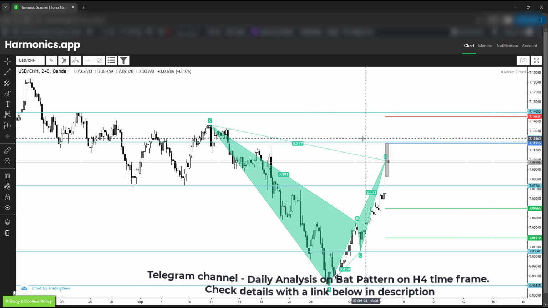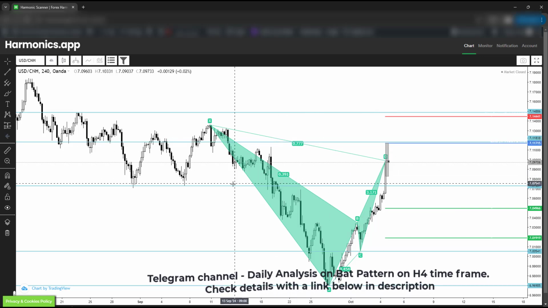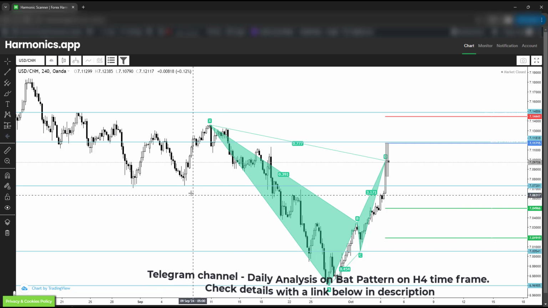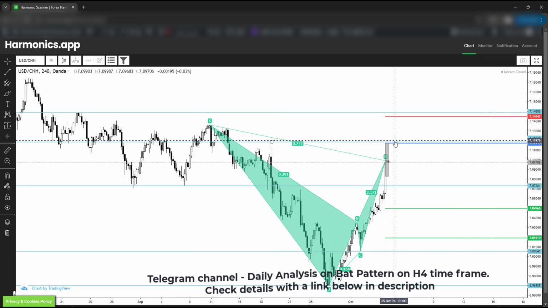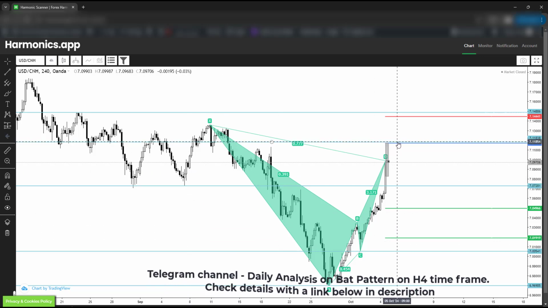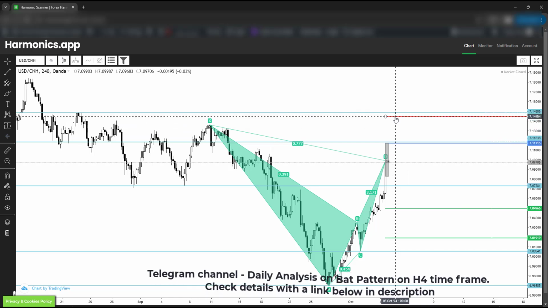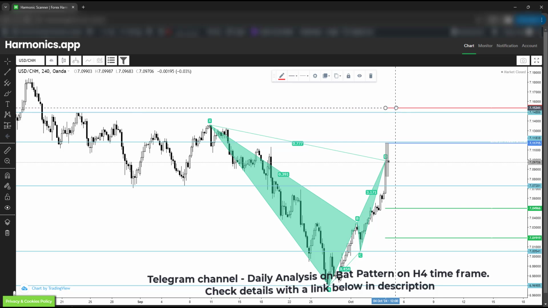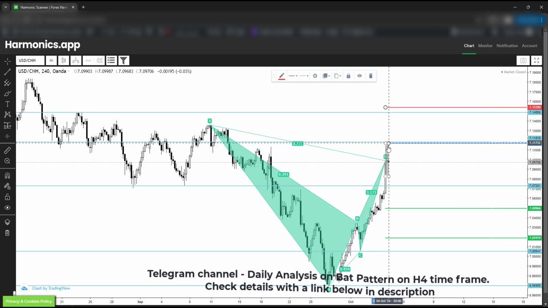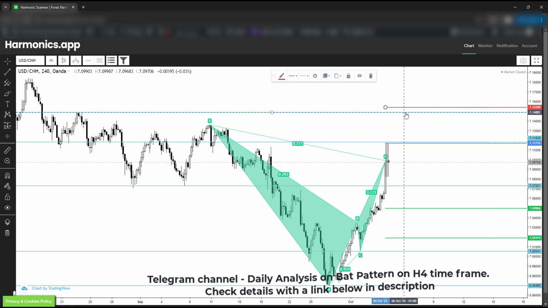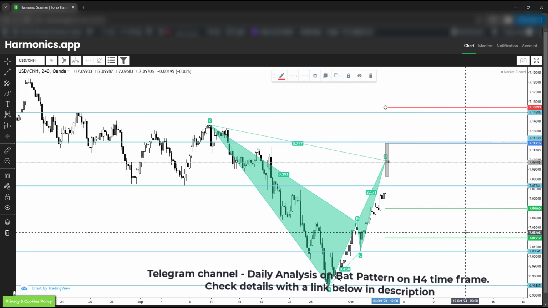Now you can see that after the scanner has put these horizontal support and resistance levels, the entry level is right here at this resistance level and the stop loss is above this resistance level. In this case, I would slightly move this resistance level just above, in case the price goes above, it could bounce from this resistance and continue to fall down.